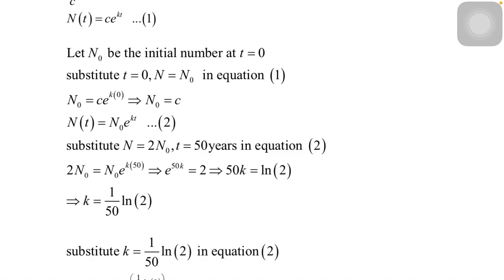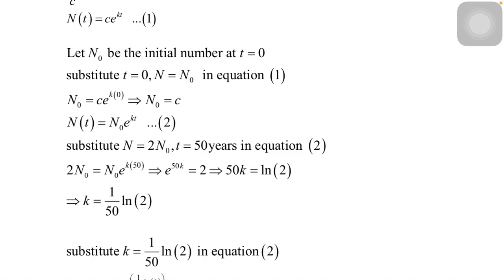Okay, given that the population doubles in 50 years, it means that n is equal to 2n naught at 50 years.